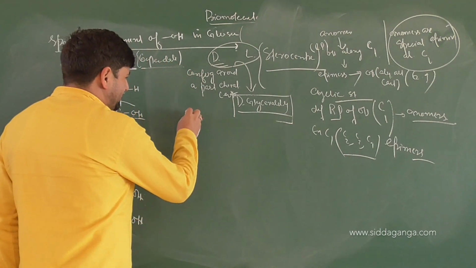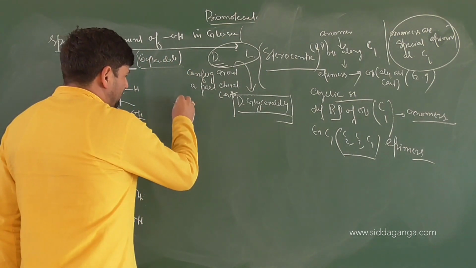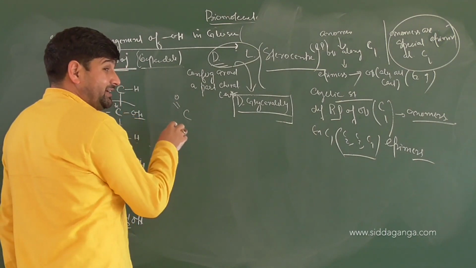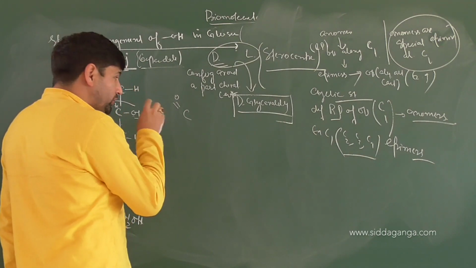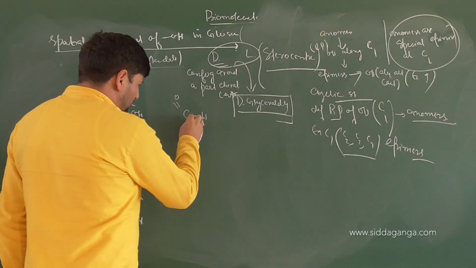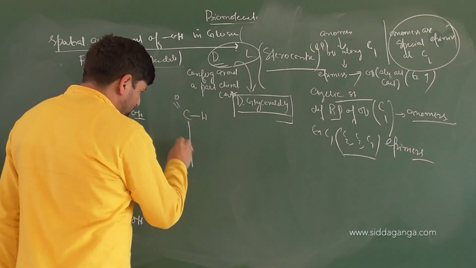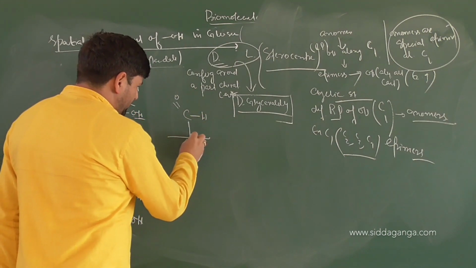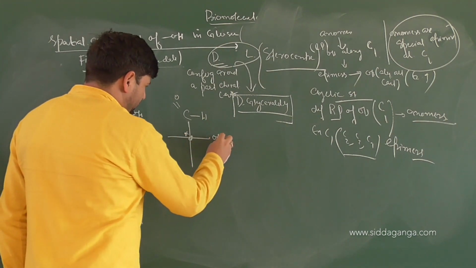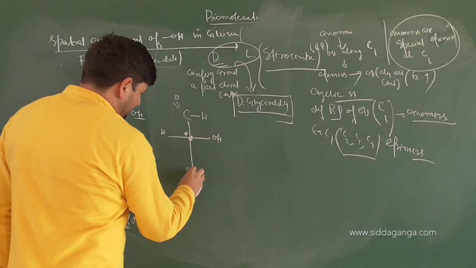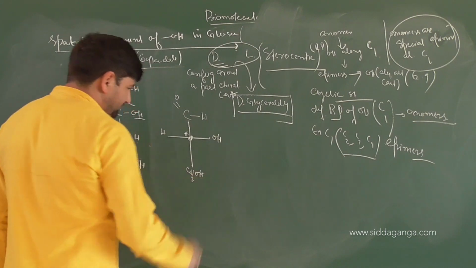So glyceraldehyde is C double bond O, with H, the basic triose. Then you have, this is a stereo center for us. You have OH here, you have H here. Then you have CH2OH.